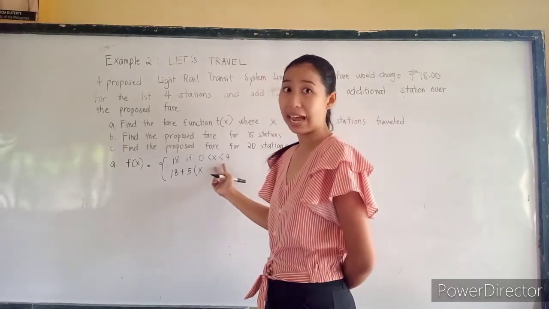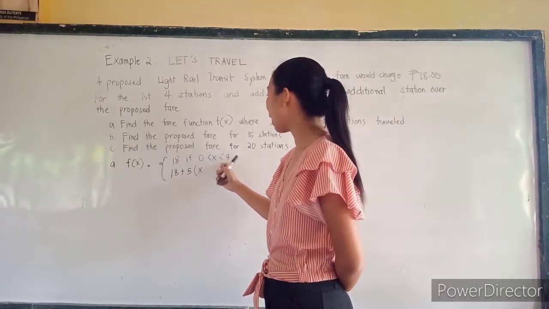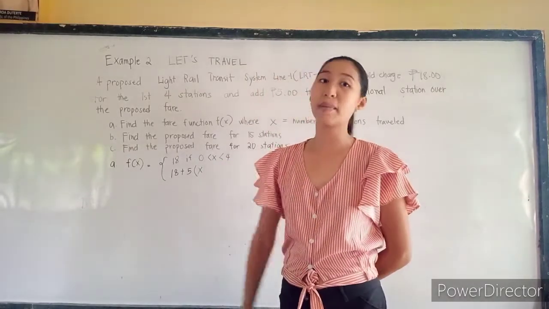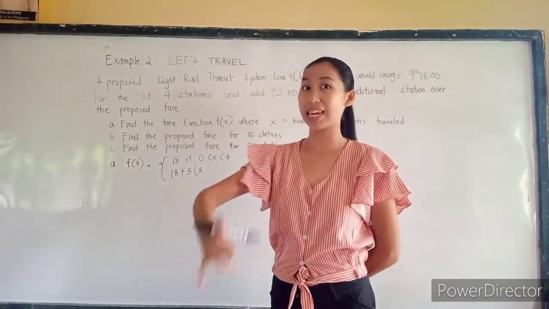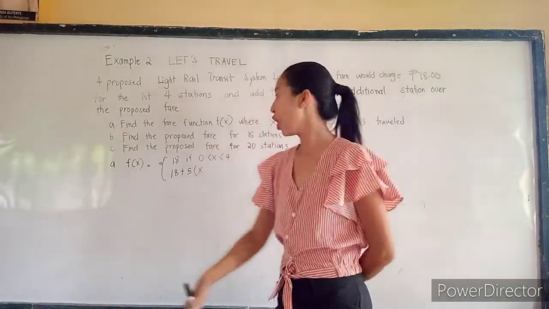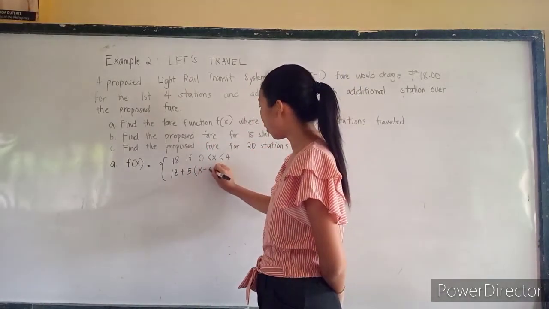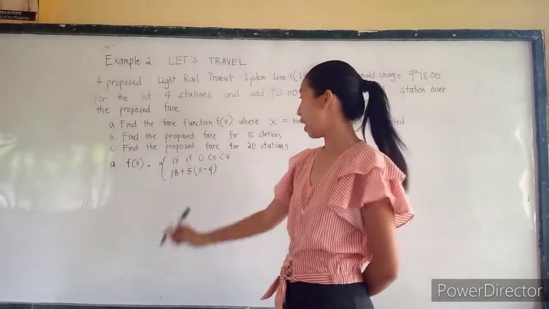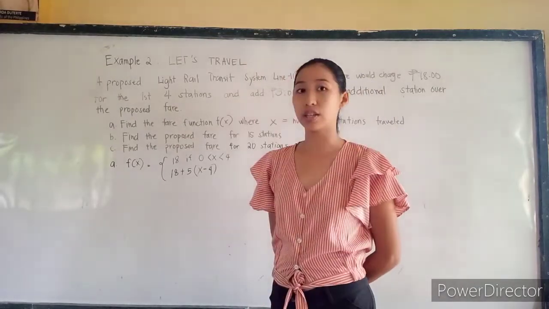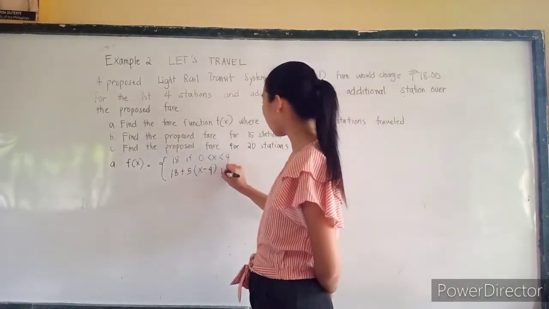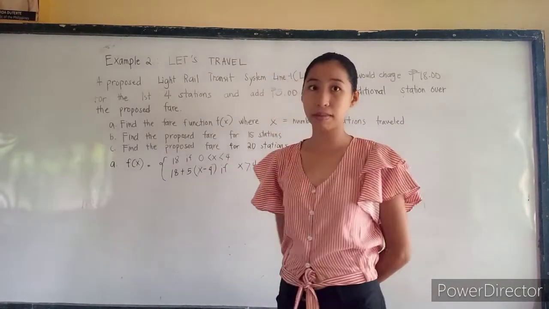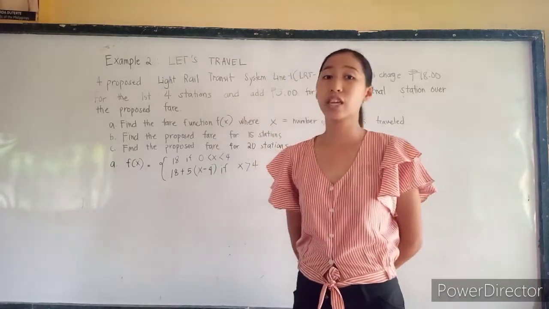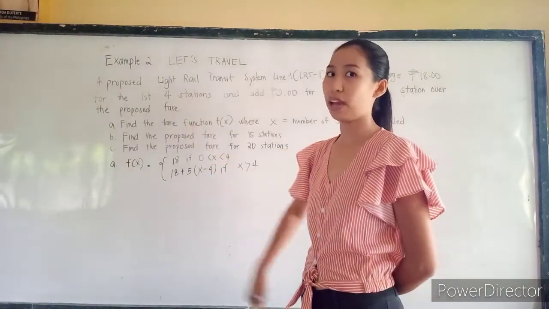But in the earlier part, you already paid 18 pesos for the first 4 stations. So what we're going to do is subtract the first 4 stations, so x minus 4, if x is greater than 4. That means you travel 5 stations or more.